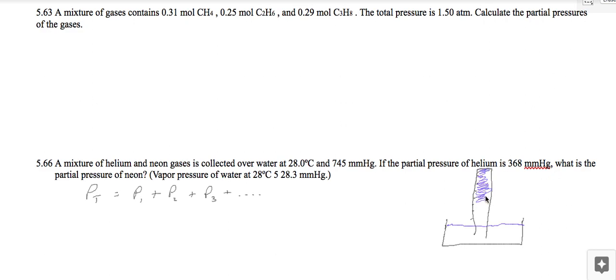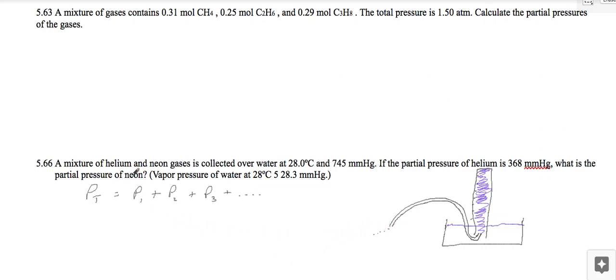So this thing is all filled with water here. Now we have a hose that is connected to that container. And then this hose is connected to something else, whatever.